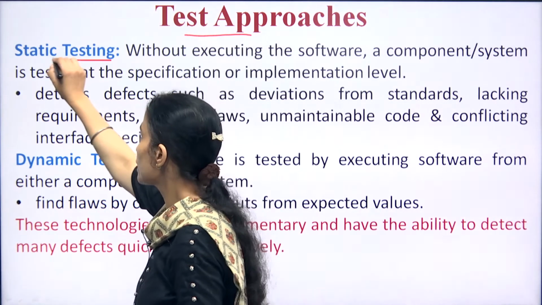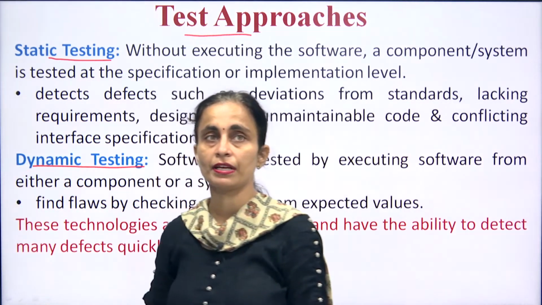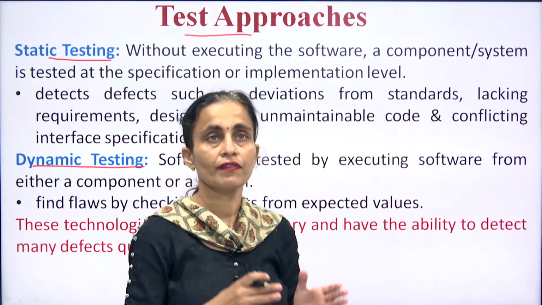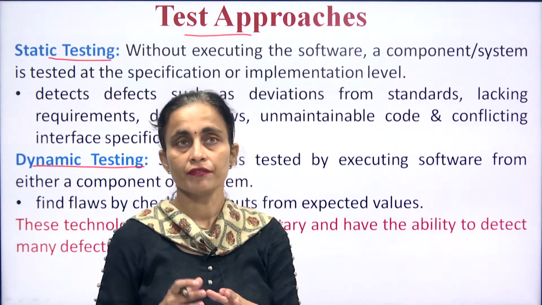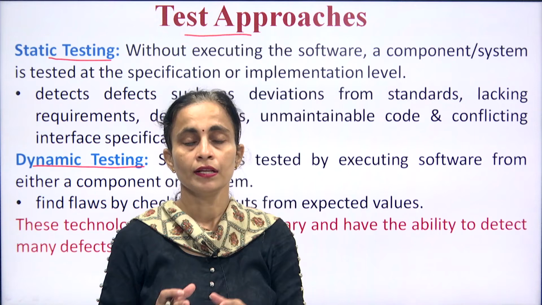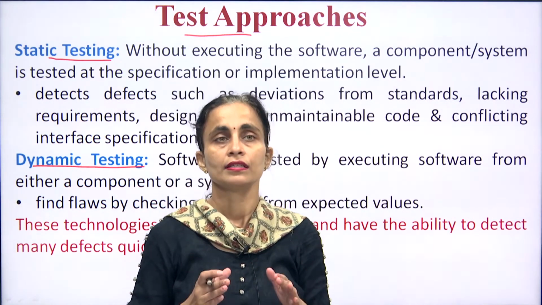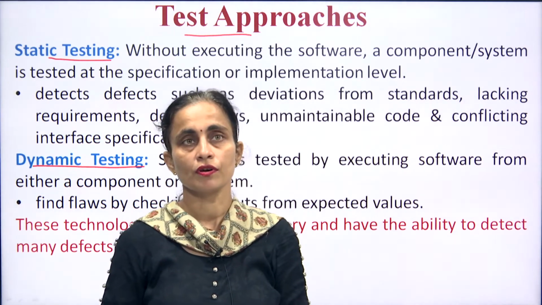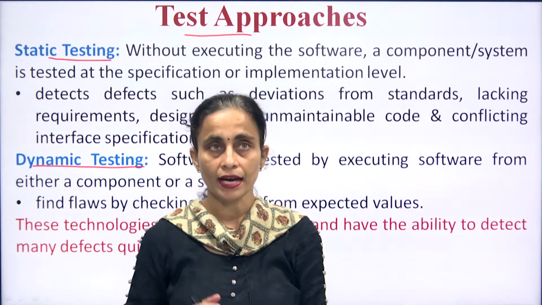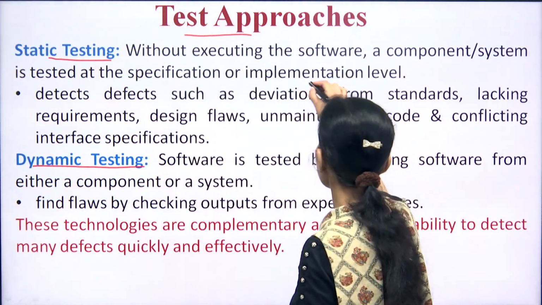One of them is static testing, that we discussed in the previous lecture, and the second type is dynamic testing. Static testing is testing without executing the software. Everything, like the SRS, the code, the various test cases, is kept on the table and tested to see what the chances of errors are. So, without executing the software, a component or the entire system is tested at the specification or implementation level.